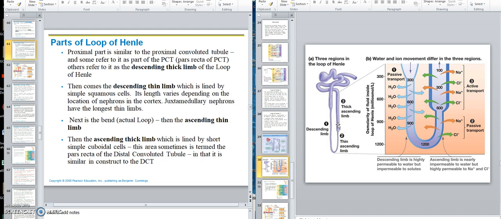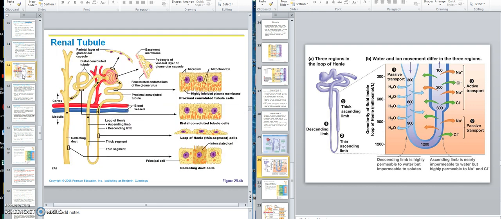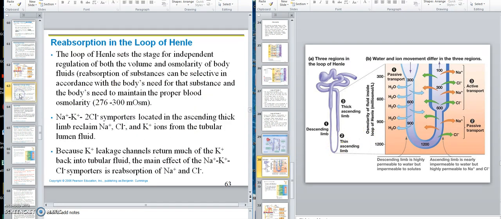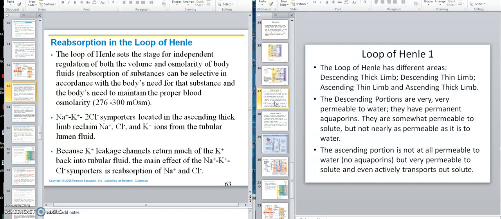All right. So when we look at this, we'll go a little further there. You can see here those thin segment cells in the thin limbs of it. Now I want to go to this here.